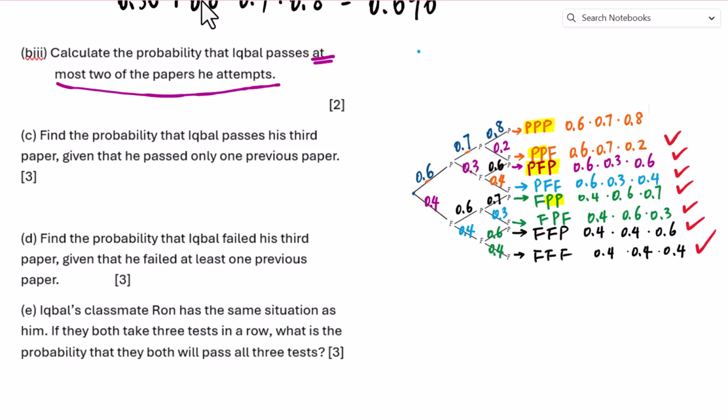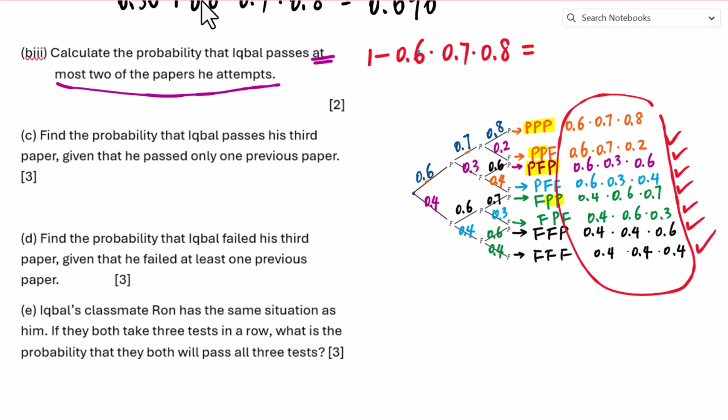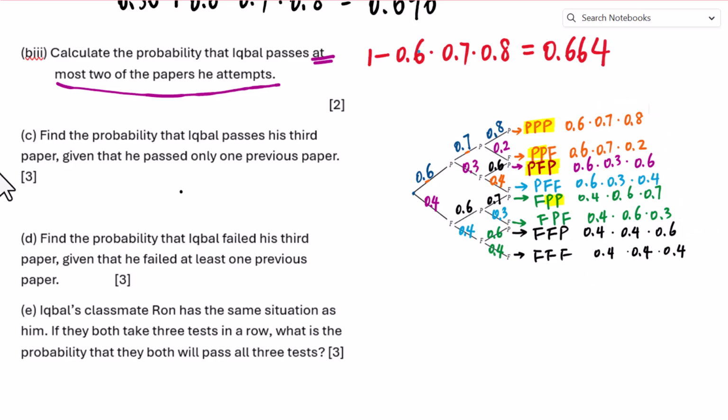In other words, we will use 1 minus 0.6 times 0.7 times 0.8 to get this probability, because all this adding together will be 1. Answer is 0.664.